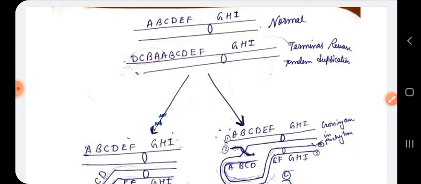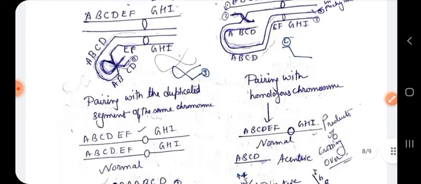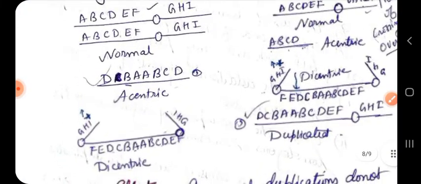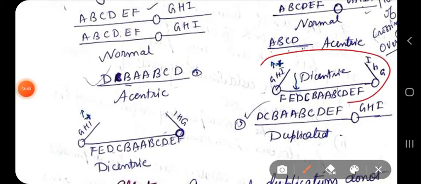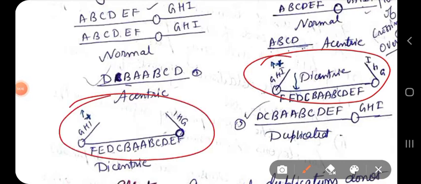So during the formation of these dicentric chromosomes that are shown here and here, what happened during anaphase? As we know, the sister chromatids have to migrate to opposite poles.